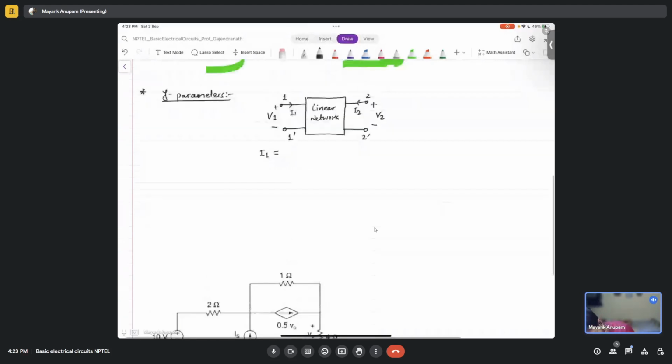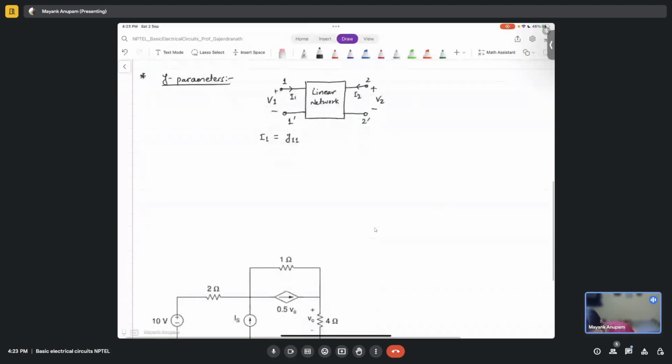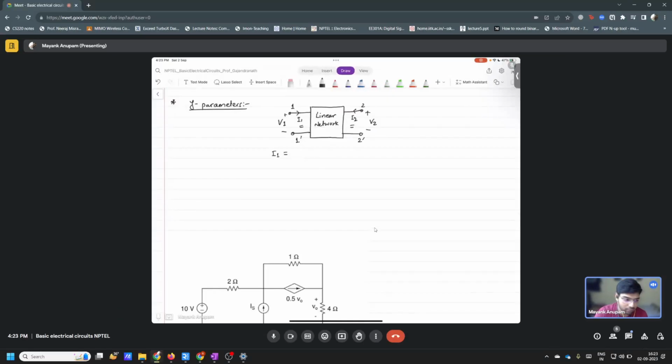So it is Y11 times V1. So basically, the current that is entering this particular port will be given by the linear combination of the independent sources that I applied to the network, right?